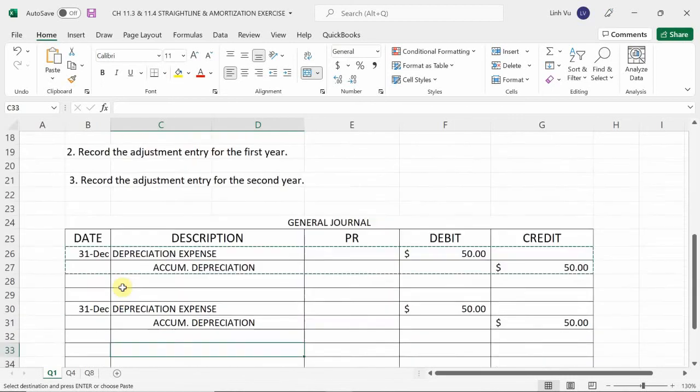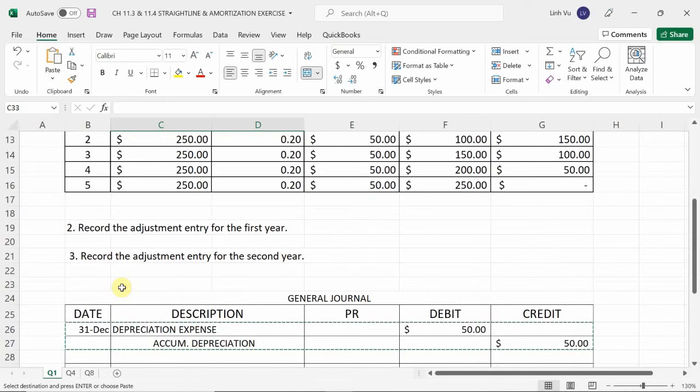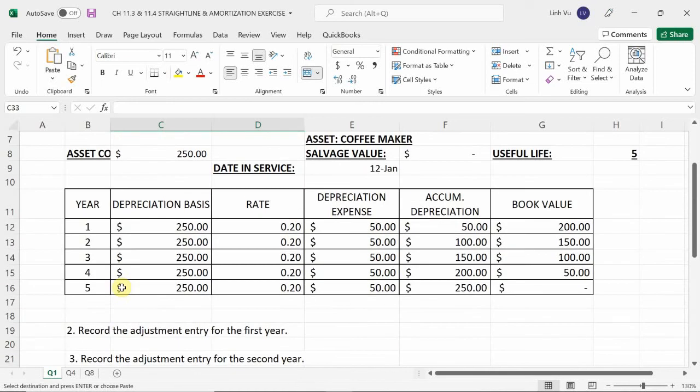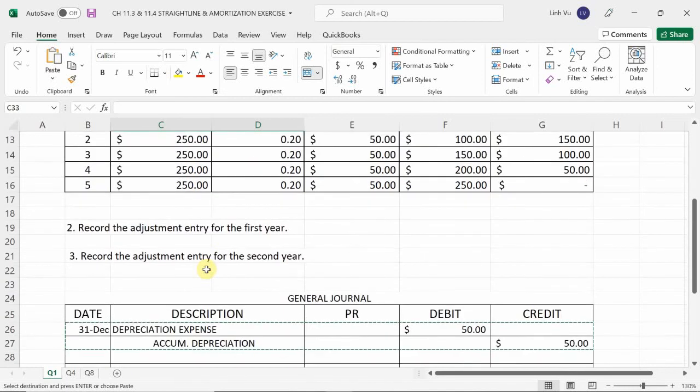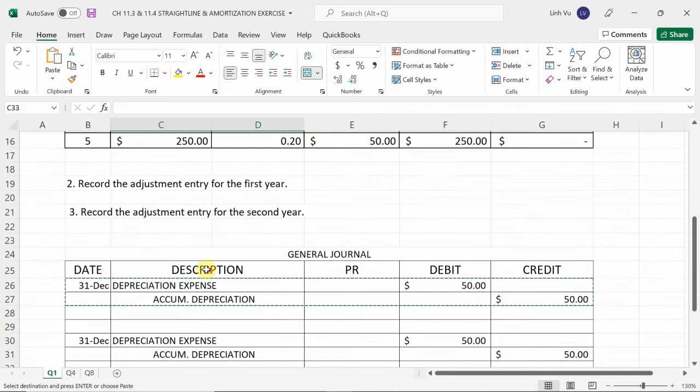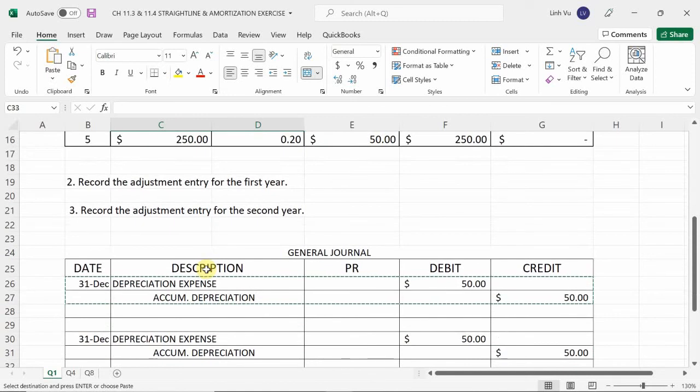Okay, good. And if we have a question that asks us whether to debit or credit, it's going to be credit, right? Is it asking if this one is debit or credit? For the journal, yes, you would debit your expense and you would credit your accumulated depreciation.